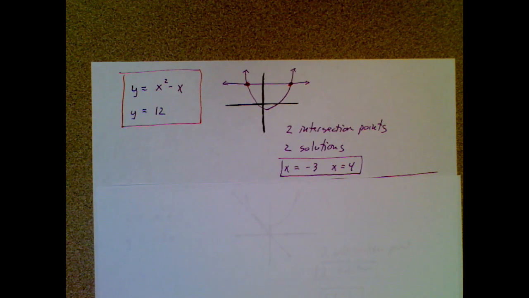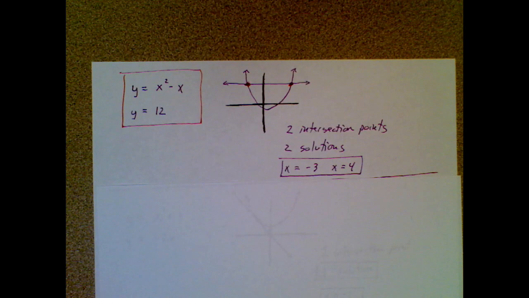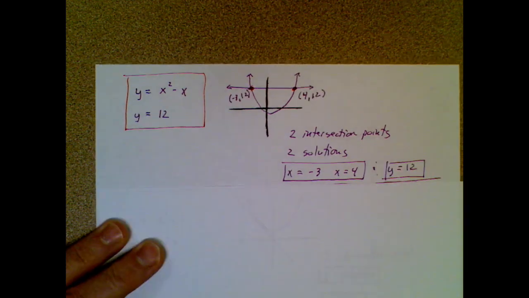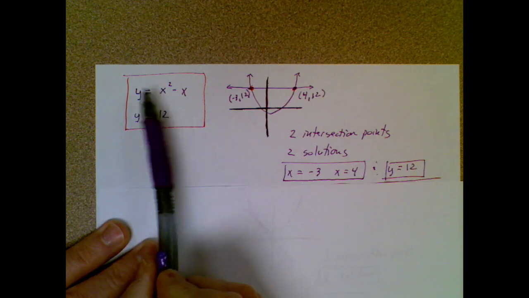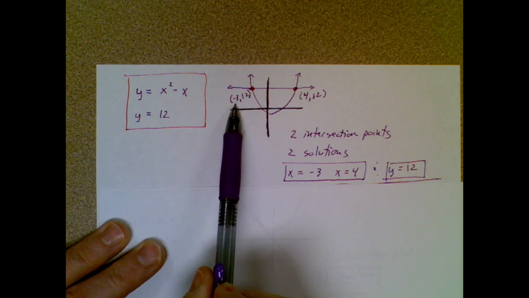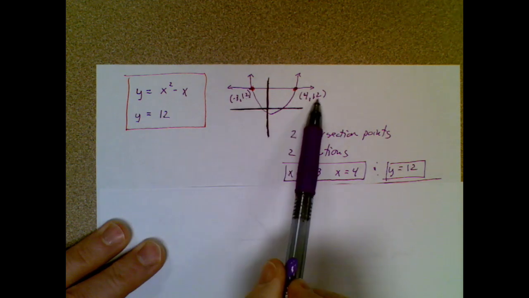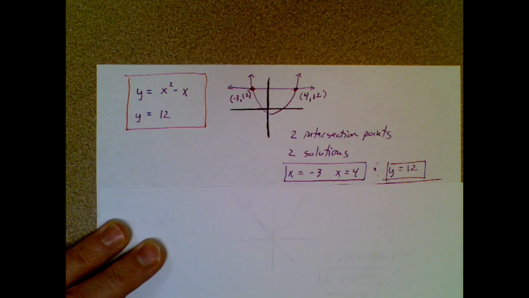So in this case, I know I have an x equals -3 and an x equals 4 for the solution. And since it's a system of equations, you need an answer for both x and y. So when I look at these intersection points, I see the x-coordinate and the y-coordinate. That tells me the y value of the solution is 12.